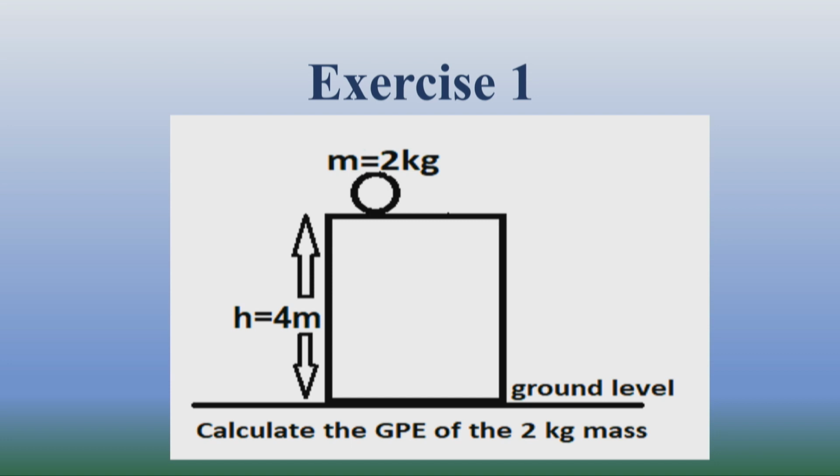This is a very simple exercise on calculation of gravitational potential energy. We are required to calculate the gravitational potential energy of the 2 kilogram mass, which is at a vertical height of 4 meters above ground level.